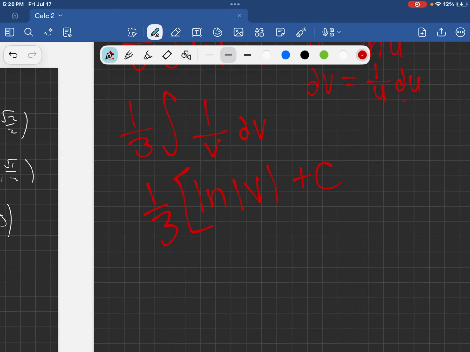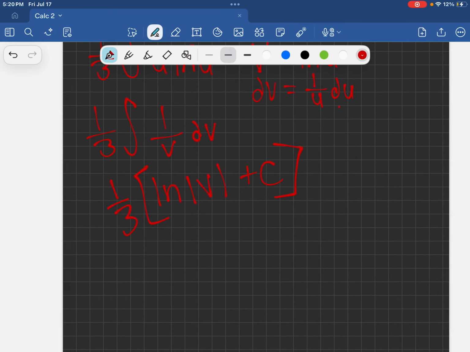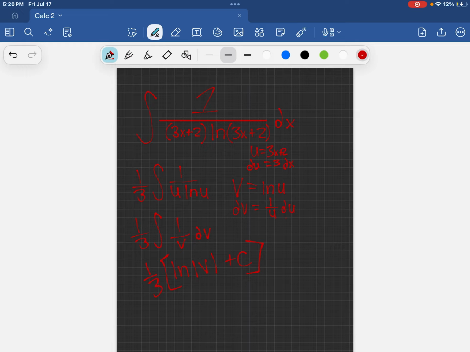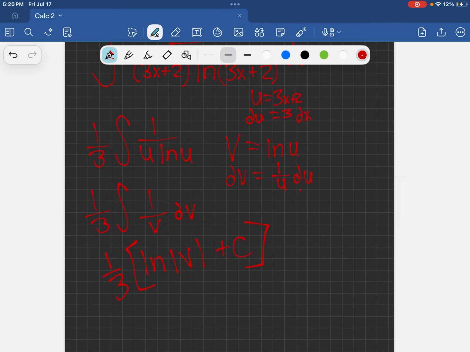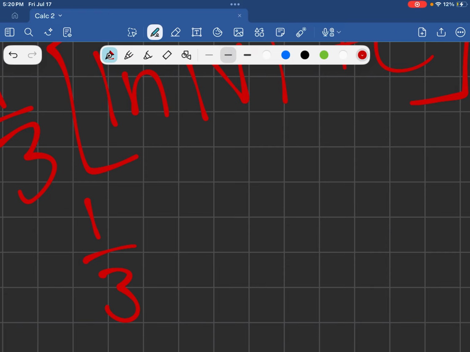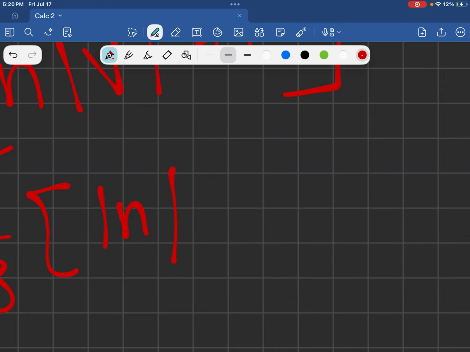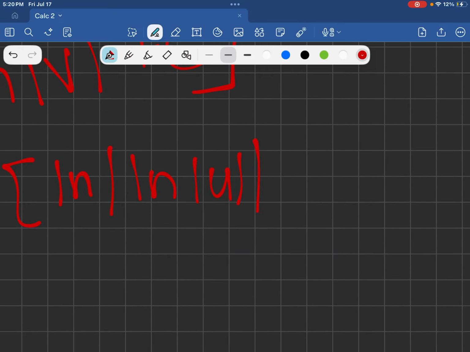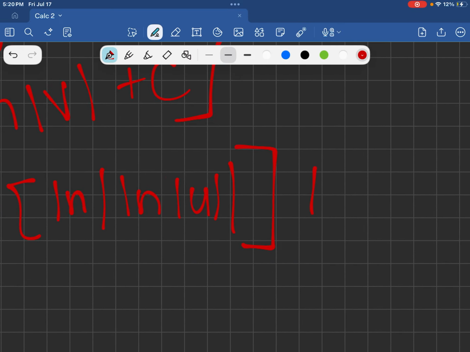And from here, you're still not done yet, because you need to get it out of terms of u and v and into terms of your original variable x. So from here, you sub v equals ln of u, so you sub for v back in. You're done integrating at this point, so it's the natural log of the natural log of u plus c.